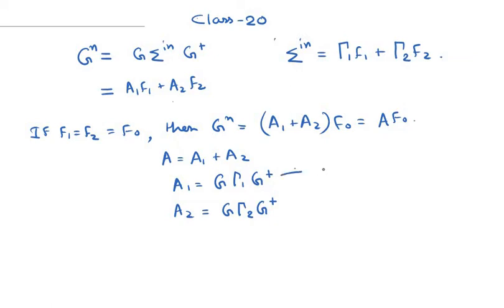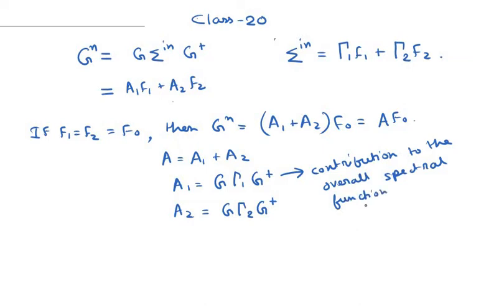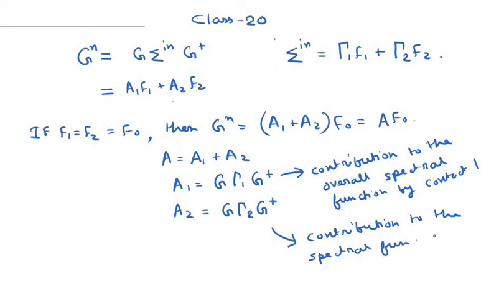So this is the contribution to the overall spectral function, or the density of states, because the diagonal elements of the spectral function give you the density of states, by contact 1, and this is the contribution to the spectral function by the second contact, contact 2.